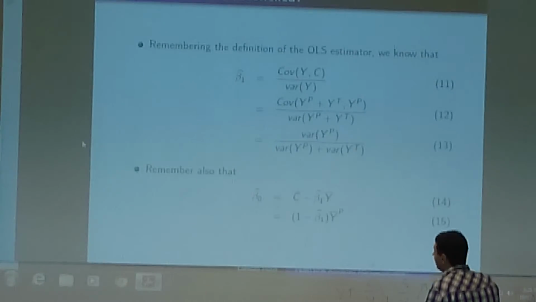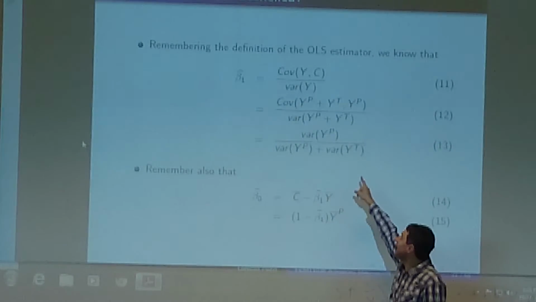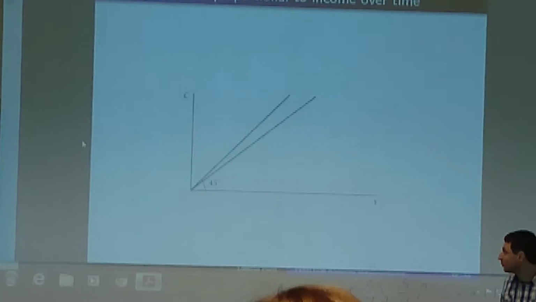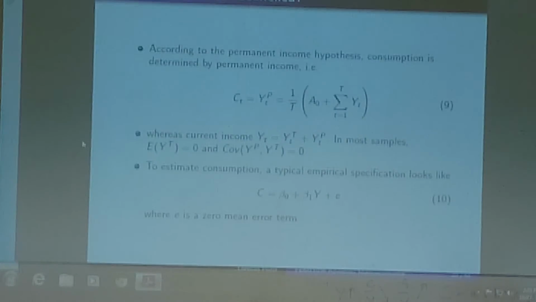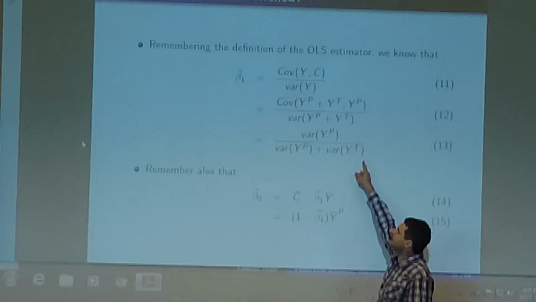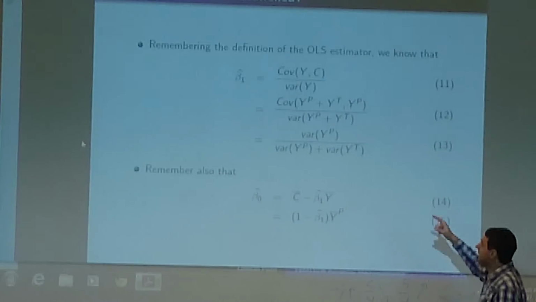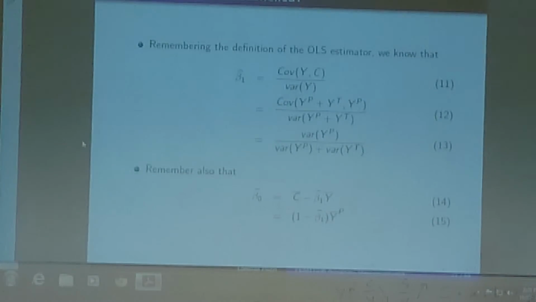Of course, in the other case, when beta 1 lies between 0 and 1, this will not be 0. You will have a constant in the consumption function as well, and you will be in this type of consumption function. Now, what is important is this formula, because we have derived this under the assumption that the permanent income hypothesis holds, and still we will show that it can explain the relationship between consumption and current income in different ways.